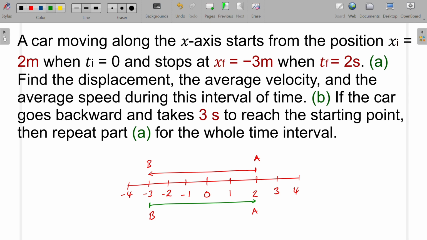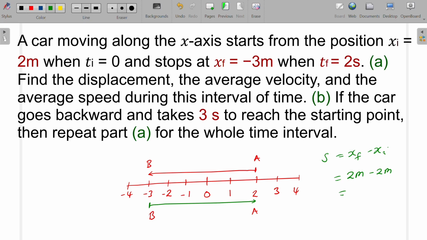We can still show it in formula form, where we say this displacement, represented by S, is equal to x final minus x initial. This is going to be equal to, the x final is 2 meters and the x initial is also 2 meters.